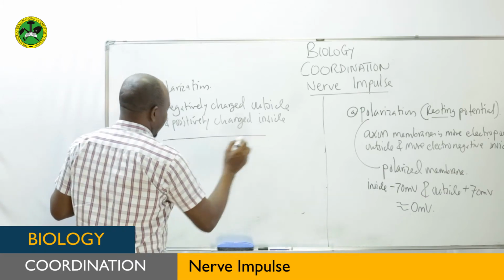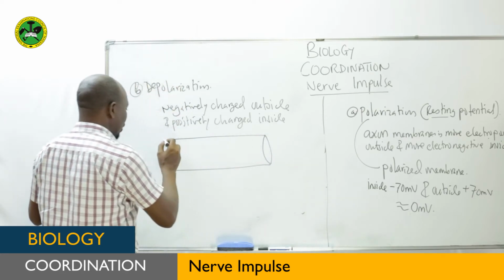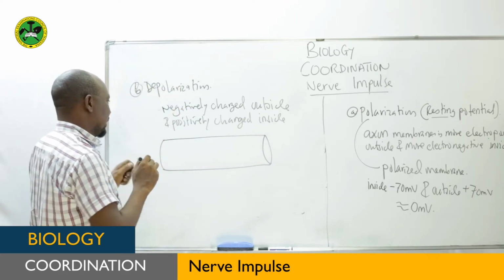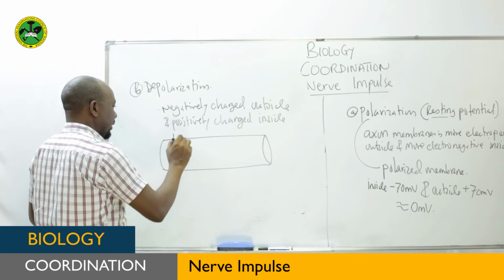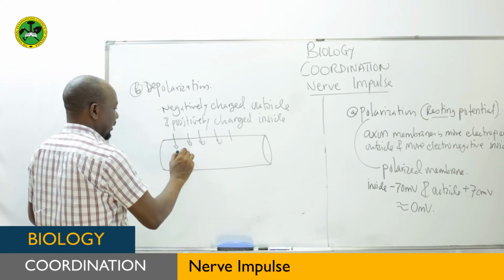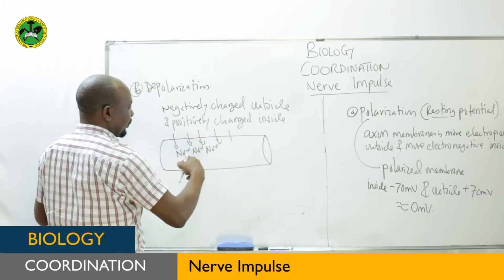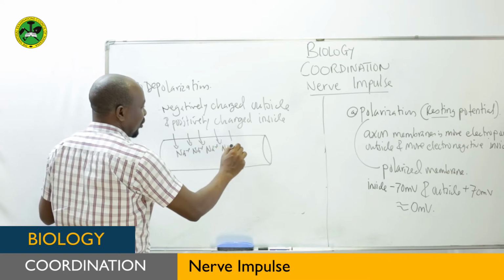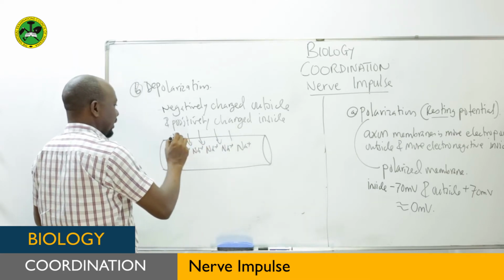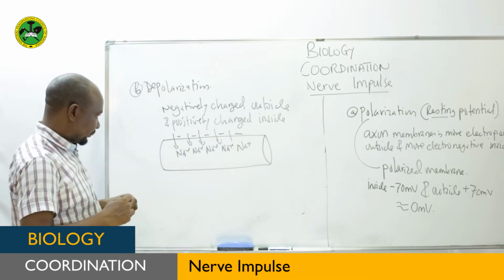So the sodium ions from the outside tend to enter the axon. So the axoplasm becomes more positively charged compared to the outside.